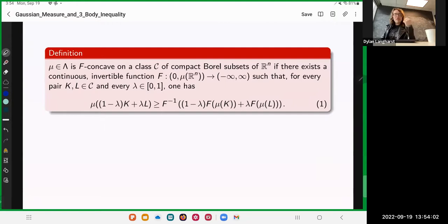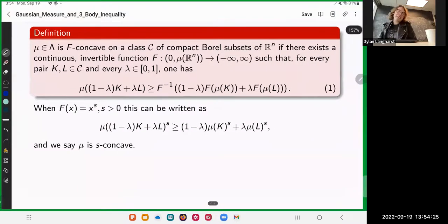Then we say mu is F concave, where F is continuous and invertible, such that if I take any two elements in this class, fancy C, and I take the mu measure of their Minkowski sum, it's greater than or equal to F inverse of the convex combination of these outputs.